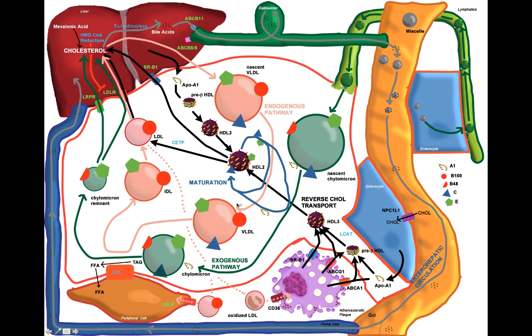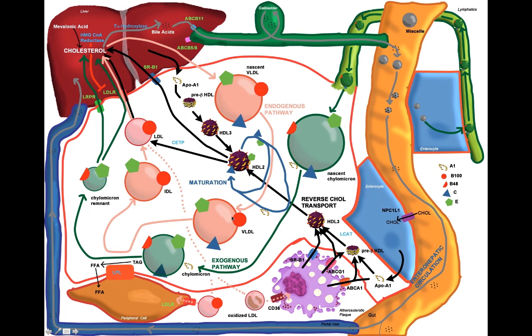So the other pathway of transport of triglycerides and cholesterol is what's called the endogenous pathway. And so the endogenous pathway is when the cholesterol secretes in a VLDL particle, which has ApoB100, which is shown here in red, secretes triglycerides and cholesterol for purposes of nutrition in the body.